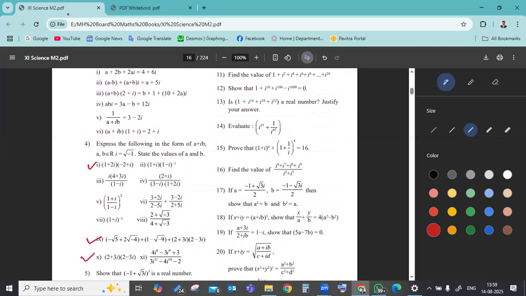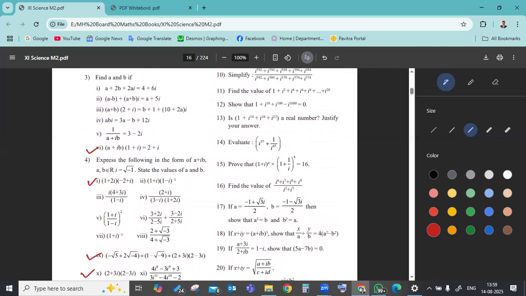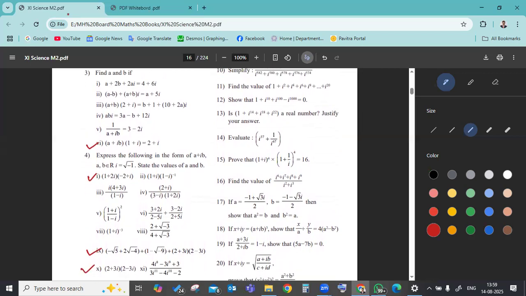This also you can solve. Question from third question. Understood this or not? Yes. Get started with question number 3 only. Let's first solve question number 3 only.